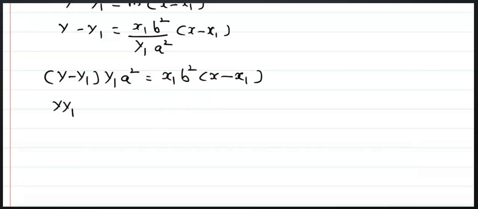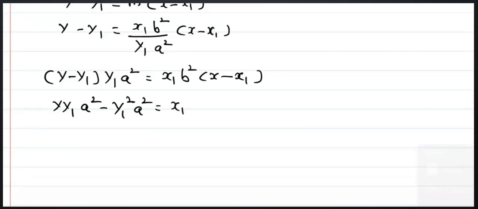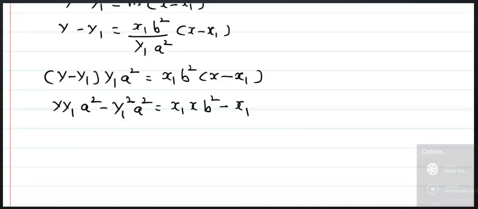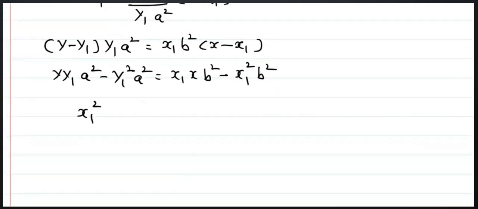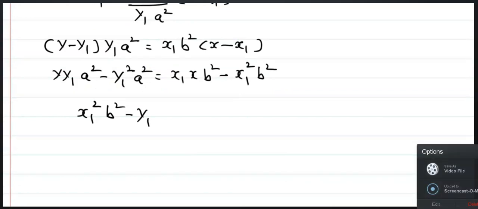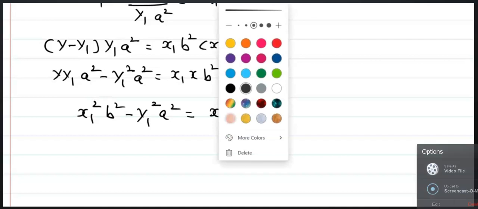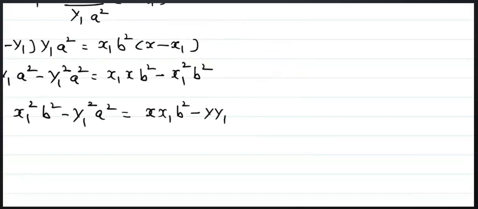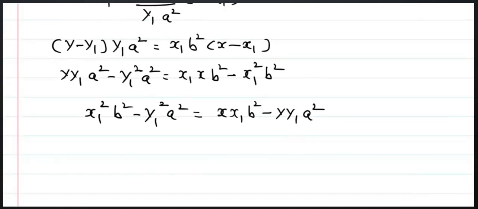Now the multiplication: x1 square b square minus y1 square a square is equal to x x1 b square minus y y1 a square.